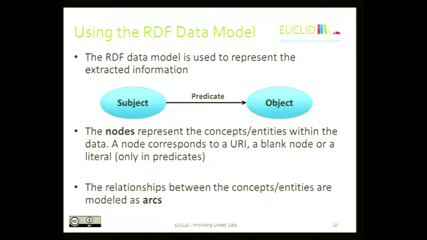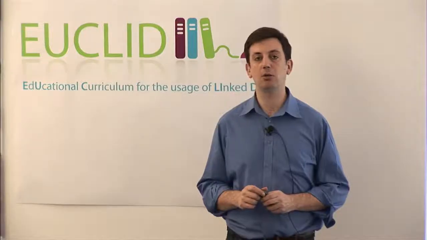Okay, so the diagram that will always come up in Euclid, always come up in semantics in general, reminds us that everything that we do, all of the vocabularies that we make, the rich data that we make, the interlinkage that we make with other data sets, all comes down to triples, comes down to arcs in a graph in a data model.